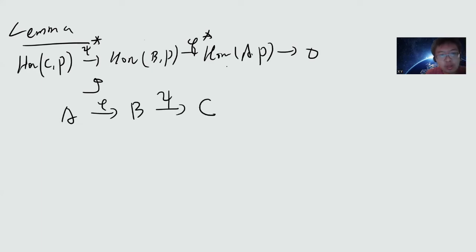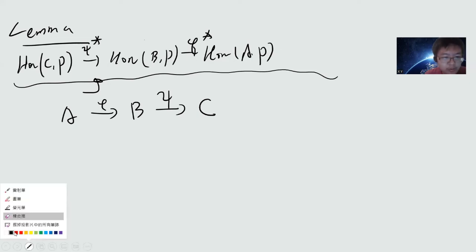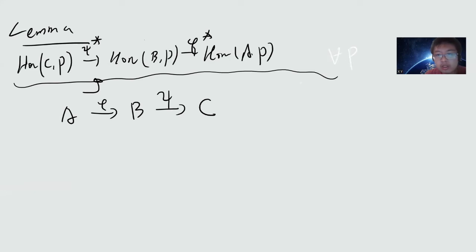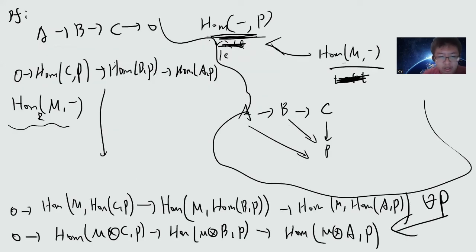Okay, so what I'm saying is that if this guy is exact for every P, then this guy will be exact. So the lemma says that if this is exact, then this guy will be exact. Suppose we have this, then we can remove Hom and finish the proof.